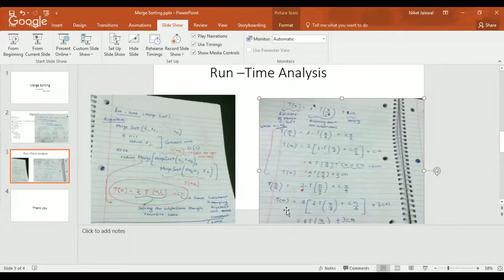Now to calculate T of n, we just need to pass the value for n by 4. This is T of n by 4. Now this value would be 2 times this plus 2 times cn.